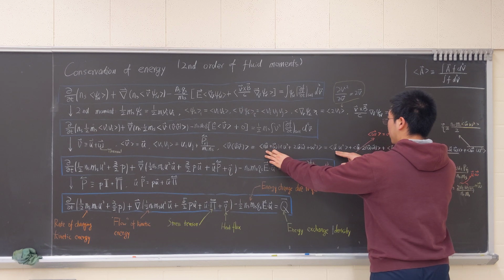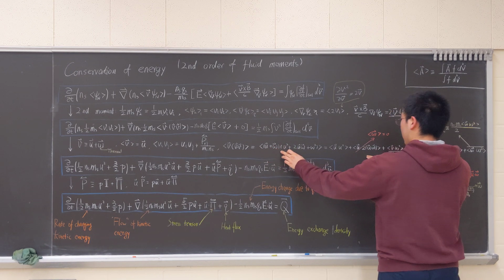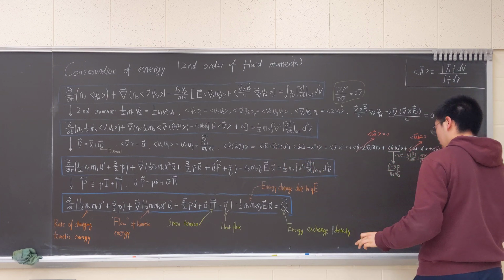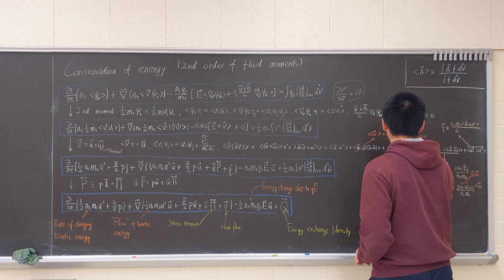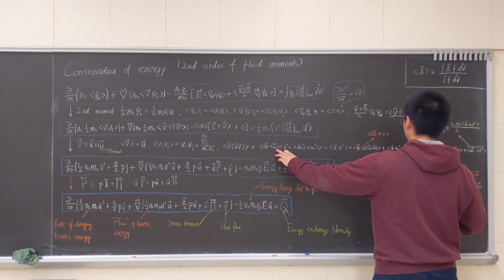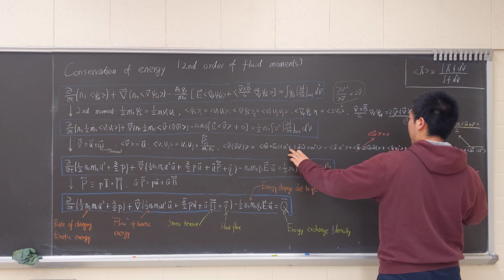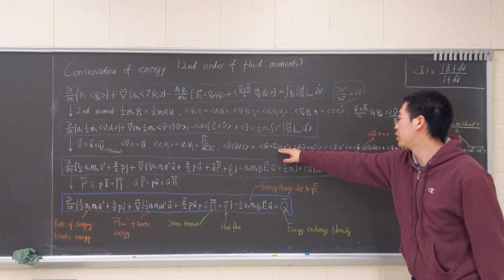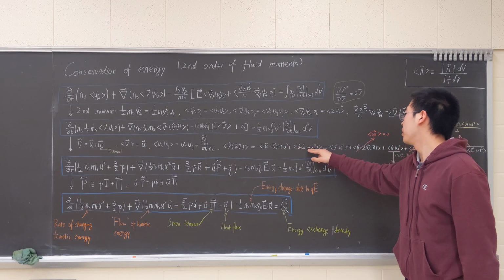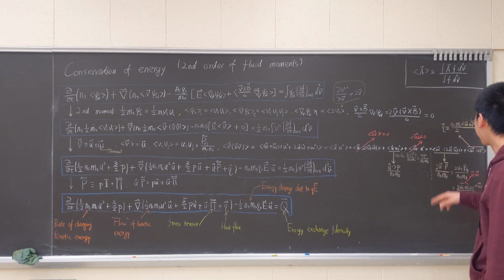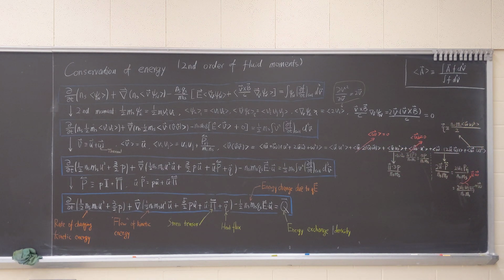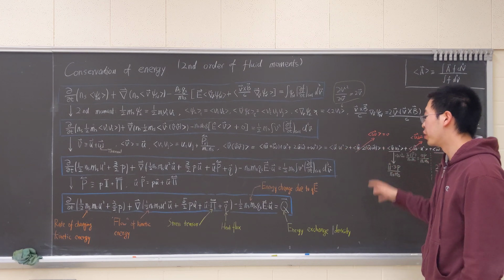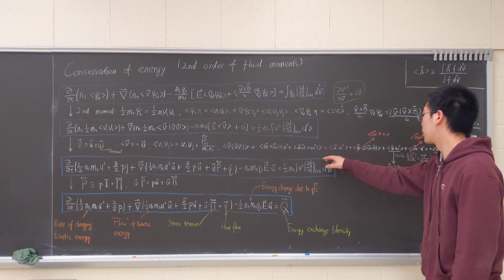So U squared, 2UW, UW squared, and WU squared, 2W, W squared. So that's all 6 terms. You can check it and pause it to see if it's correct. So this term we'll just put into the next equation.